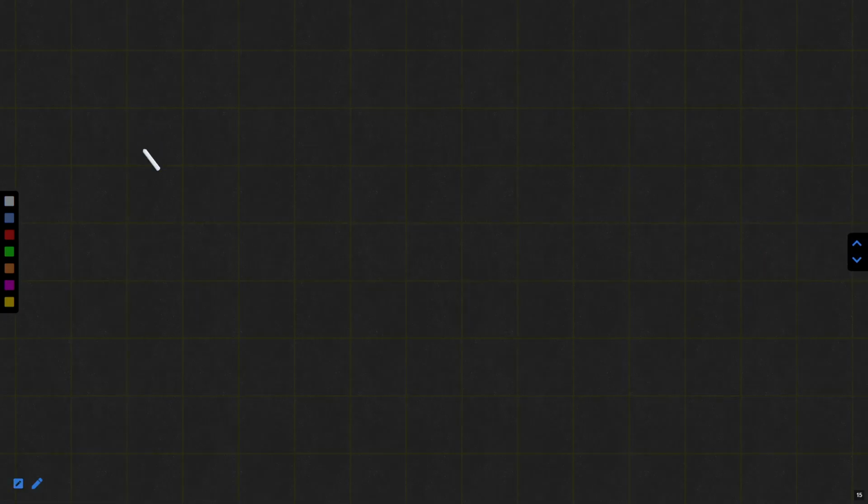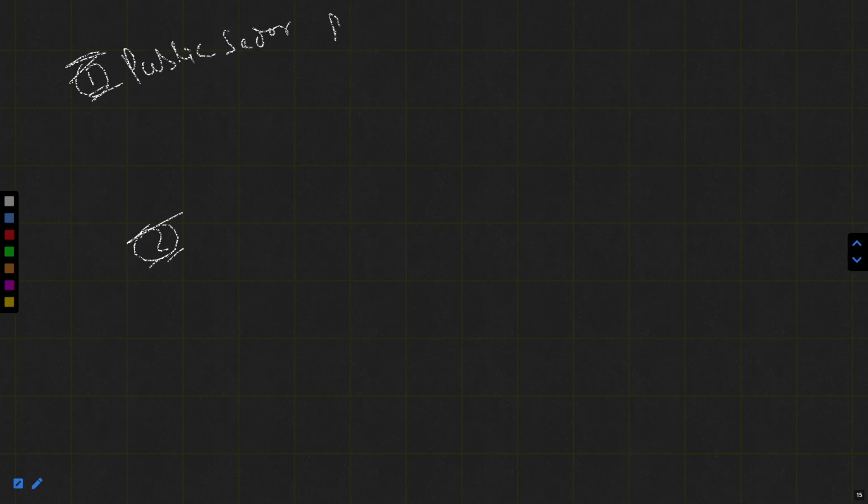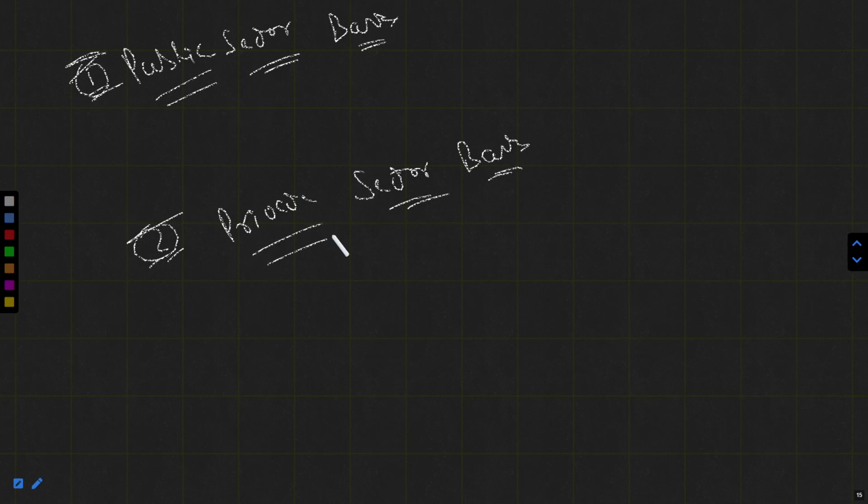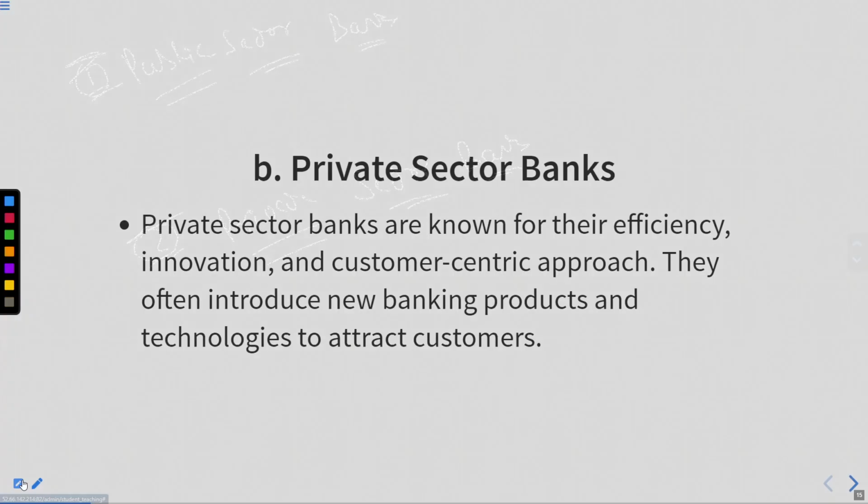Basically, what generally happens when we talk about the two types of banks, public sector banks, and then comes the private sector banks. Okay, once read it again, then I will tell you. Private sector banks are known for their efficiency, innovation, and customer centric approach.